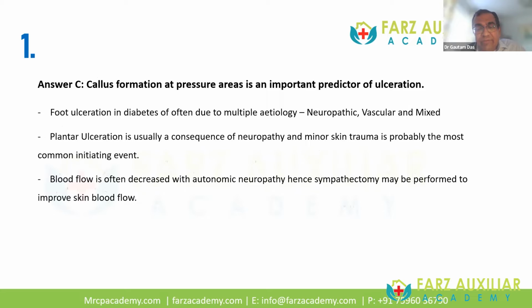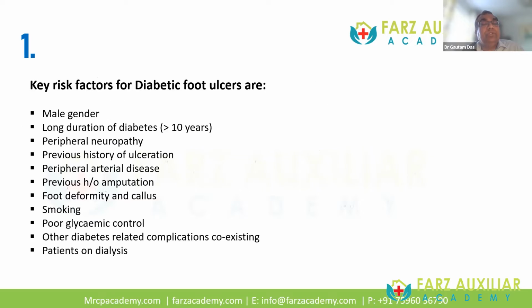If you have any questions, please put them in the chat or raise your hand, and then we will go through it. This is probably just to reiterate the risk factors for diabetic foot ulcers. It is much more common in men because they're usually smokers. Long duration of diabetes, of course, leads to peripheral vascular disease and microvascular complications like peripheral neuropathy. If patients have a previous history of ulceration, the risk is high.